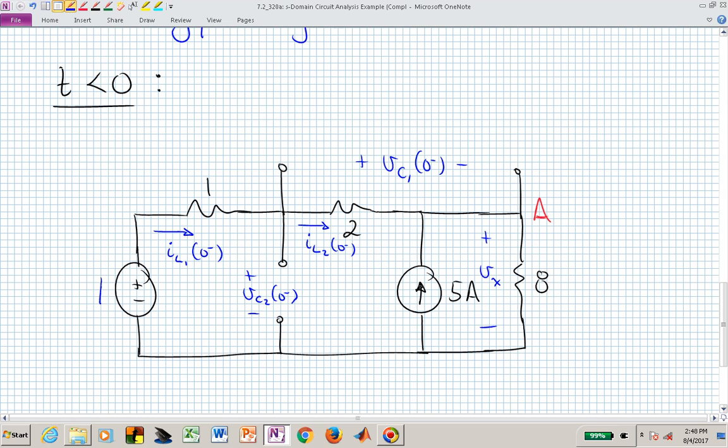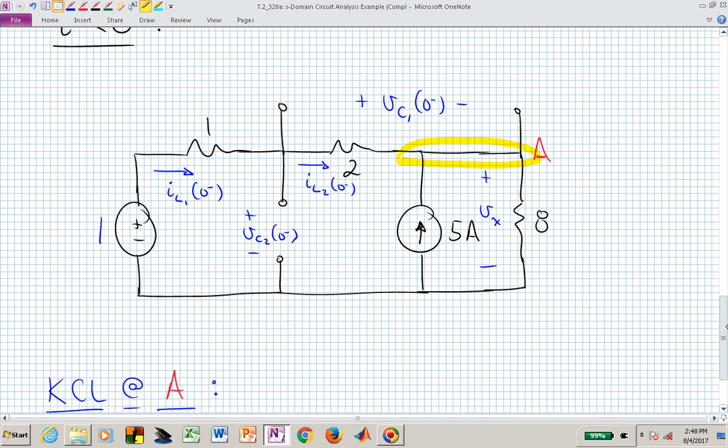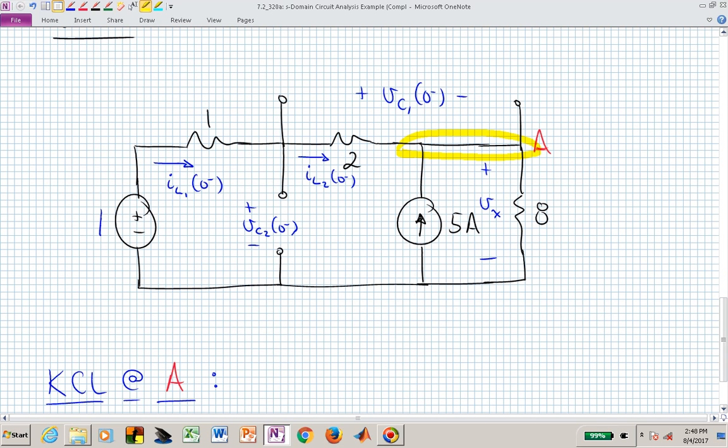If we examine this circuit, we can see that if we apply a KCL at node A, then we should be able to find all of these voltages and currents from that. Node A now, let's say, has a voltage of V sub x.